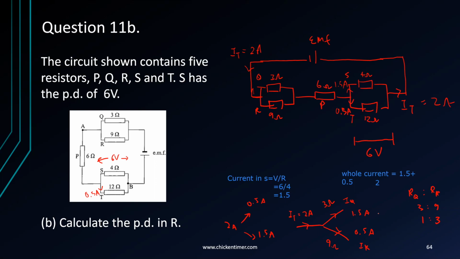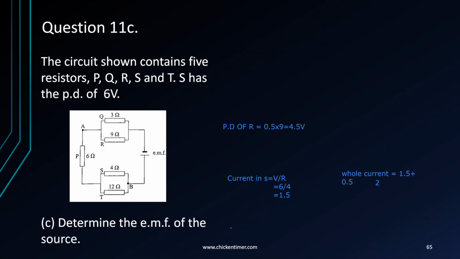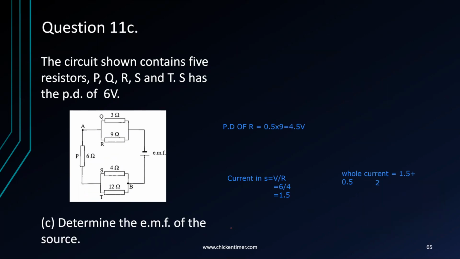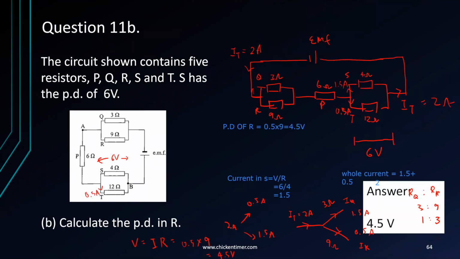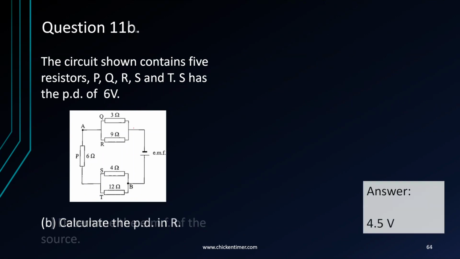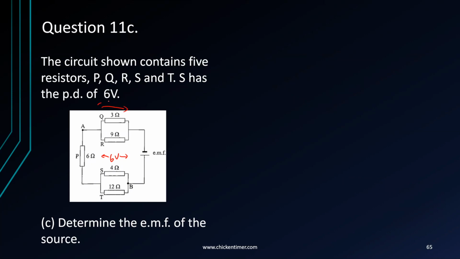Current is 0.5. Then PD in R is I times R. Get that? So then the EMF of the source. Let's go back to this. Okay, our information is this is 6 volts, then 4.5 is here, 4.5 is here.